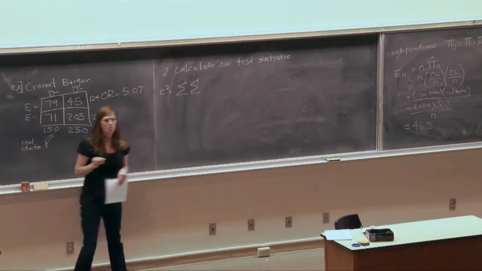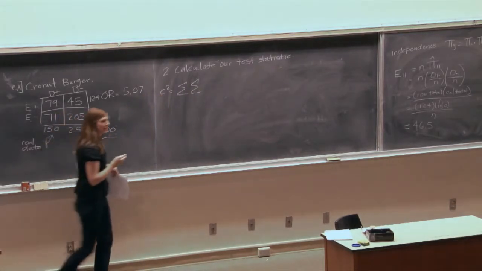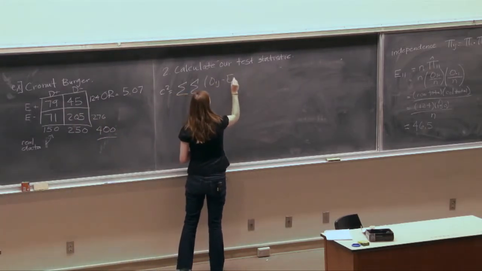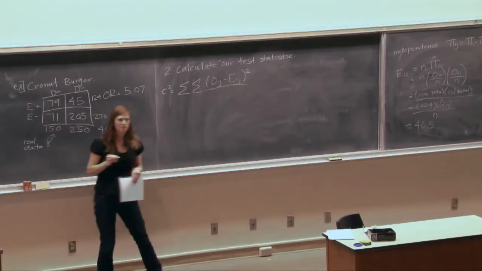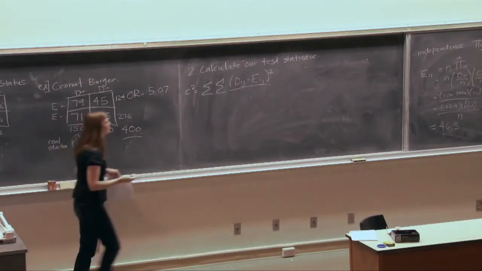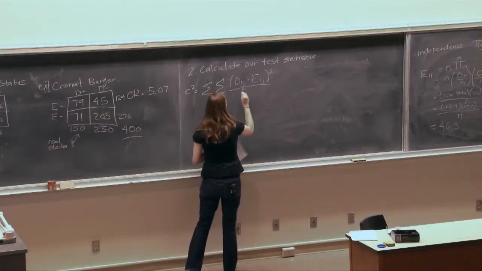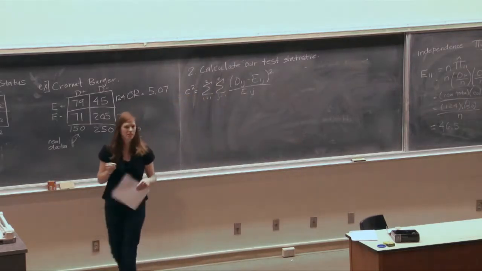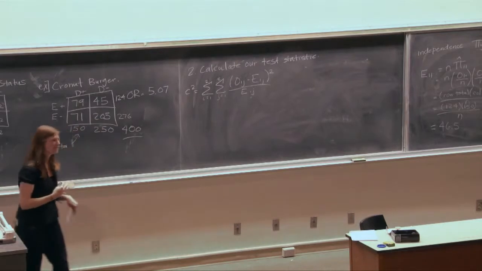I'm going to tell you the formula for the test statistic. We're going to take all the differences between the observed and the expected cell counts, square them, because we like positive numbers, and divide by the expected count in each cell. So that's how we're going to compare the two tables.